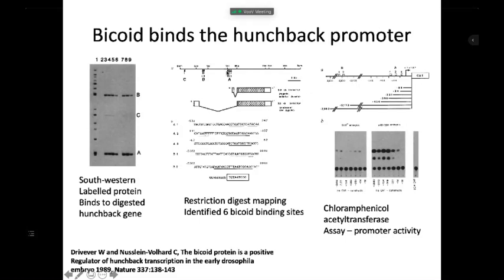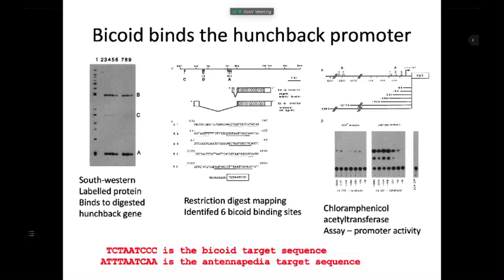So taken together, these 3 experiments tell us that bicoid binds specific regions of the hunchback promoter. In this case, this specific sequence that was found multiple times is the bicoid target sequence.